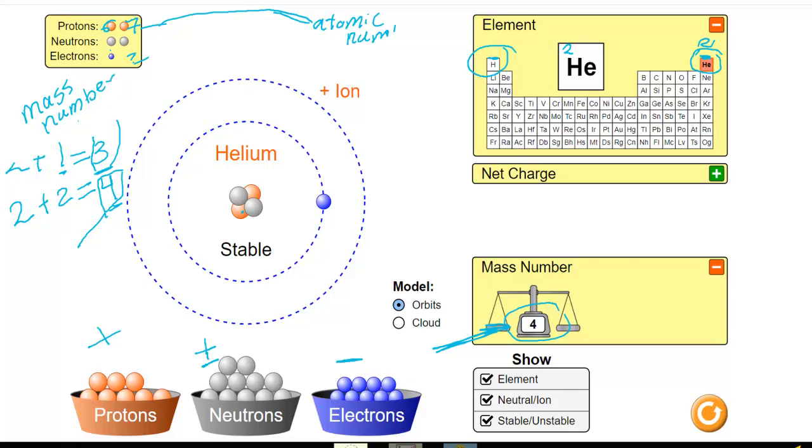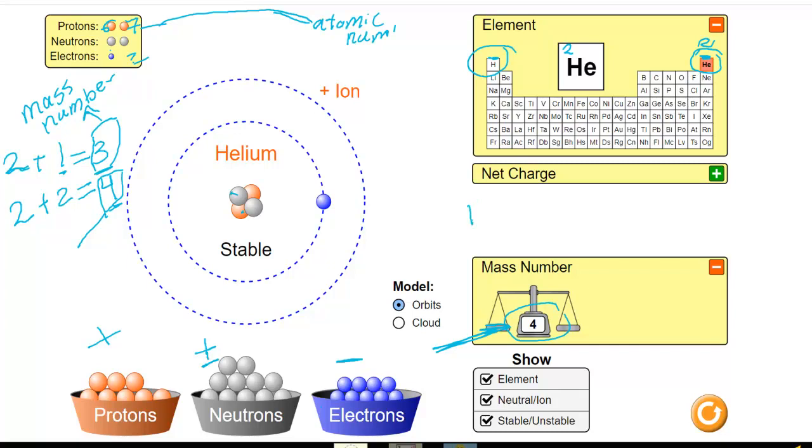That's the mass number. So the mass number for helium can be 3 or can be 4. Why? Because helium can have 2 neutrons or 1 neutron. It always has two protons and one neutron or two neutrons. So 2 plus 1 equals 3, 2 plus 2 equals 4.